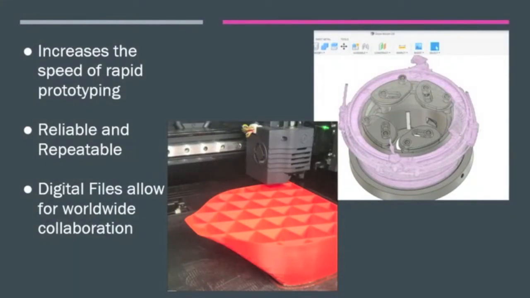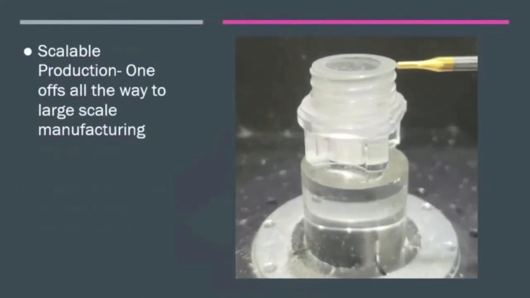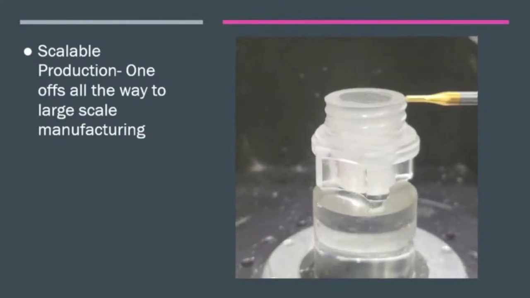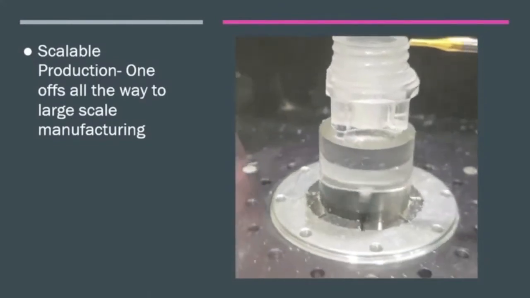It is reliable and repeatable and allows for greater collaboration worldwide. Lastly, it is also scalable, meaning it can be used for one-off production all the way up to large-scale manufacturing.